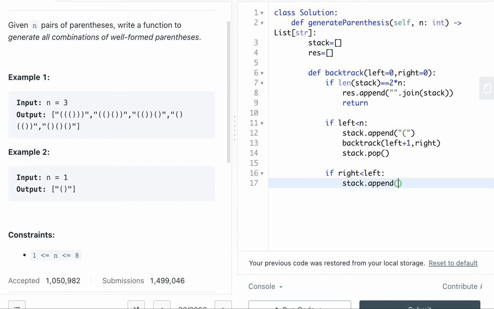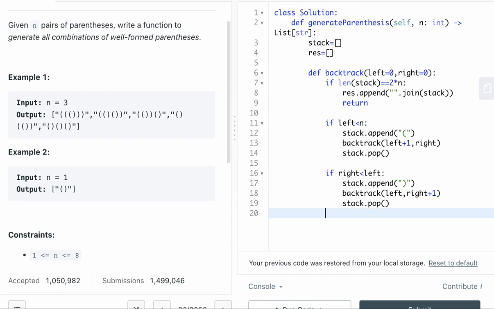Same thing: I append the value to the stack and backtrack to the next neighbor. The left side remains the same, and the right side will be right plus 1, since a right parenthesis is what we added. Then I pop back up so that I can recover the previous state and find the next combination.